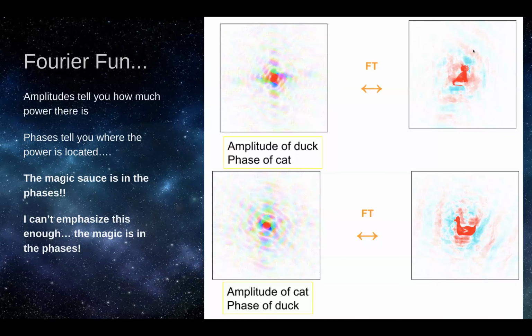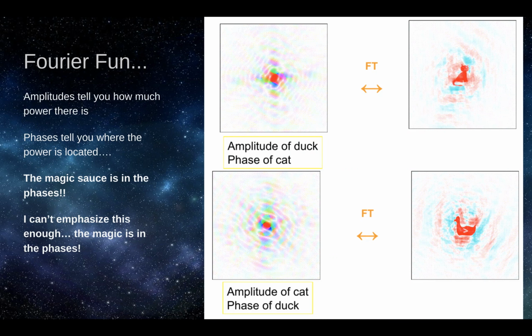The amplitudes basically tell you how much power there actually is, but the phases tell you where the power is located. One of the funny things, I really think this demonstrates the power of what's going on. Last week I skipped over this a little bit. I was really only talking about amplitude interferometry.